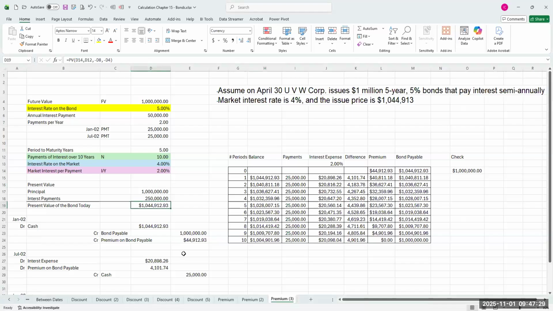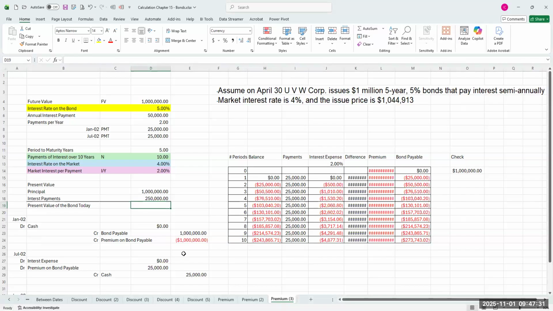Now, if you ask me how they got this amount: if I have $1 million bonds which pay 5% annually, 5% per year, but they're paying the interest 2 times a year, then every time they have to pay interest, they pay $25,000.